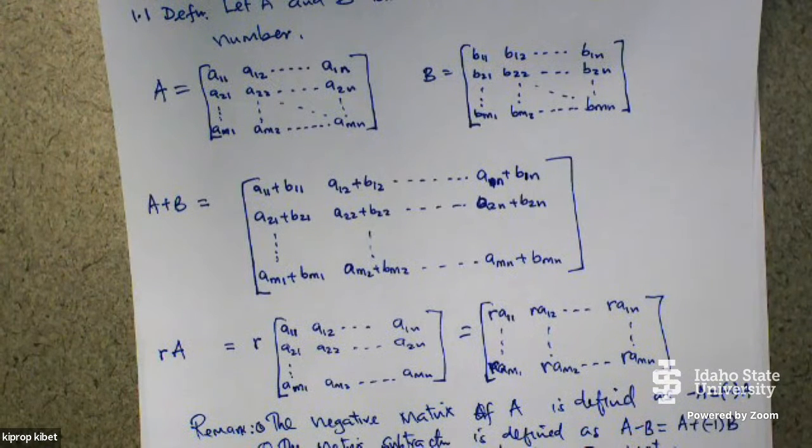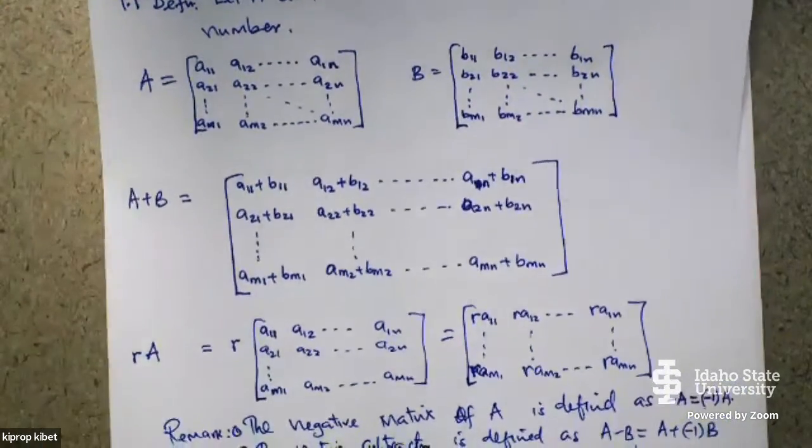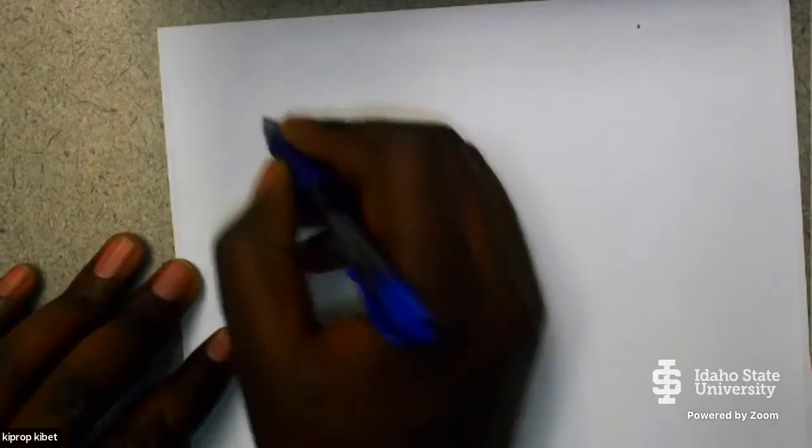Now, let's look at a very simple example on matrix addition and scalar multiplication. Example number 1.